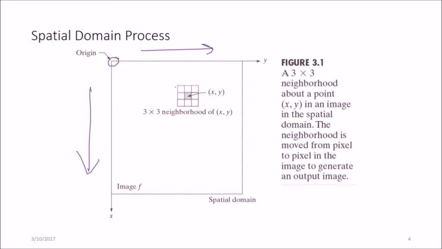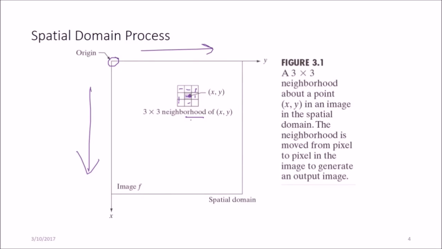As you can see, a 3x3 or 9 pixels are shown here. So this is a 3x3 neighborhood of xy. For this point, all these pixels are the neighbors. These are the 3x3 neighborhood about a point say xy in an image in the spatial domain.